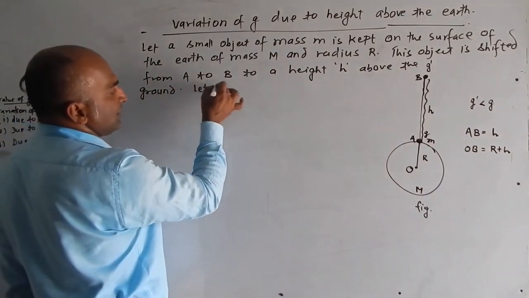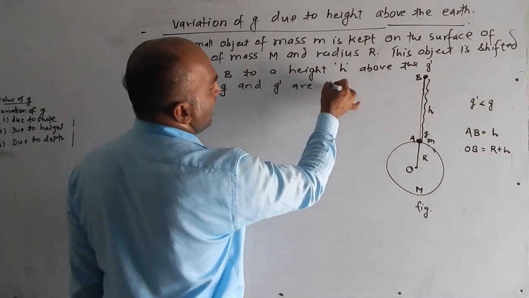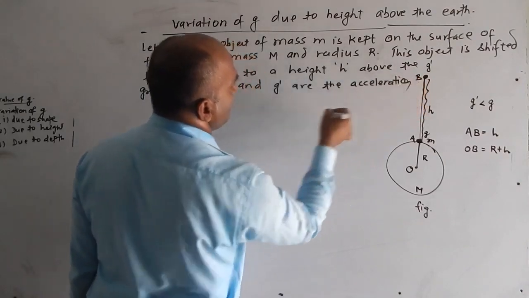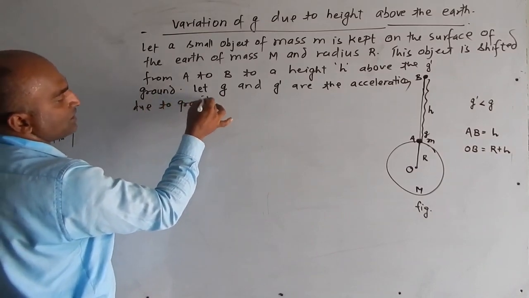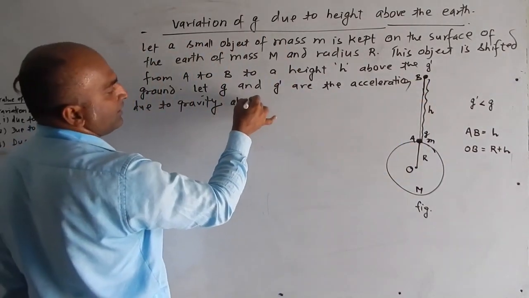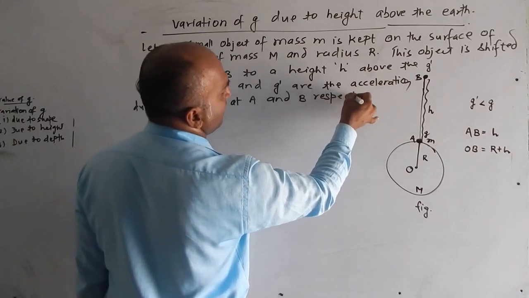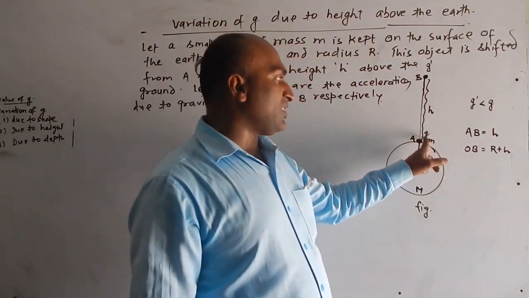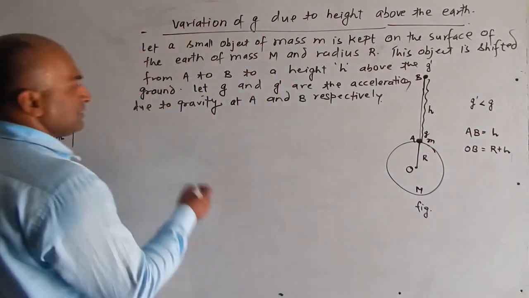Let g and g prime be the acceleration due to gravity at A and B respectively. Here we have acceleration due to gravity small g at A, and g prime at point B.